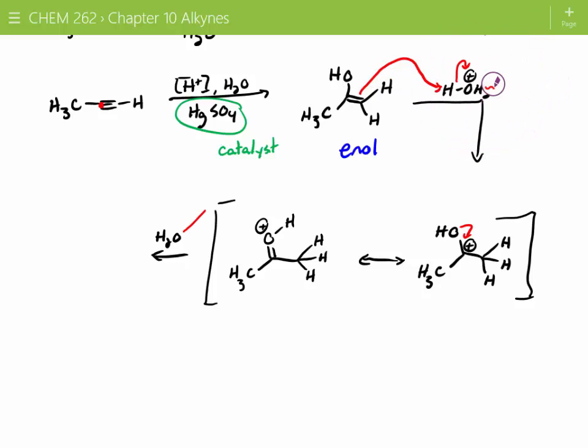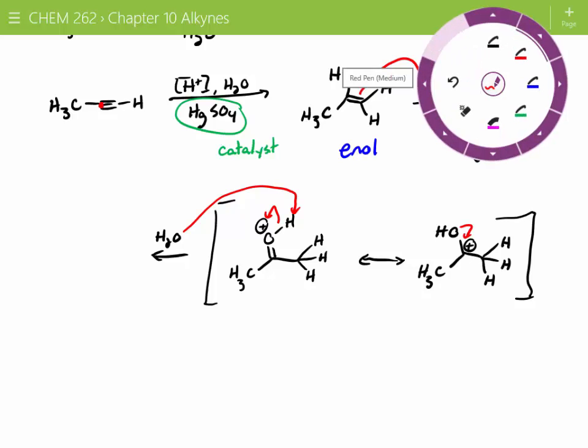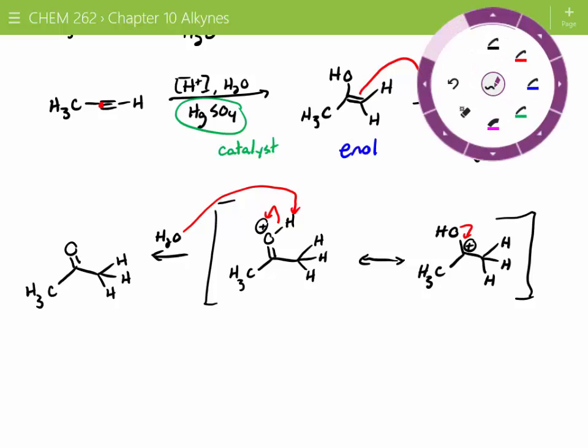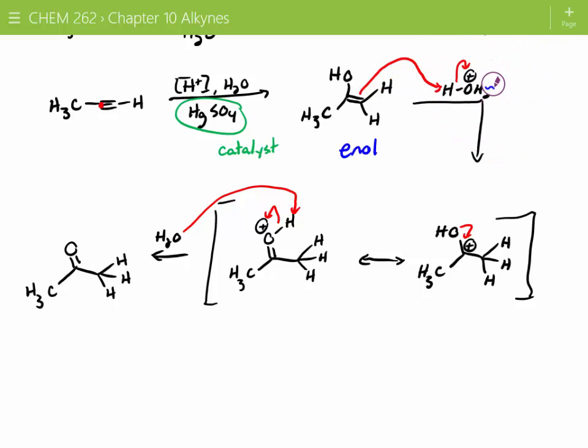This water will come, grab this proton, kick electrons back onto that oxygen, and now you've got your final product. So we went from our enol form all the way down to our ketone.